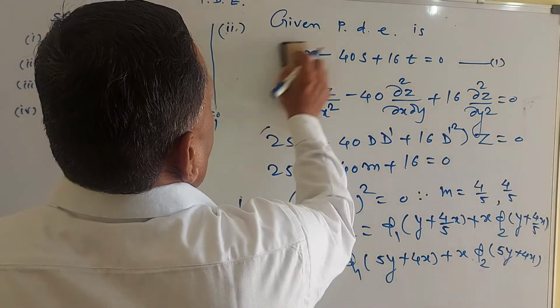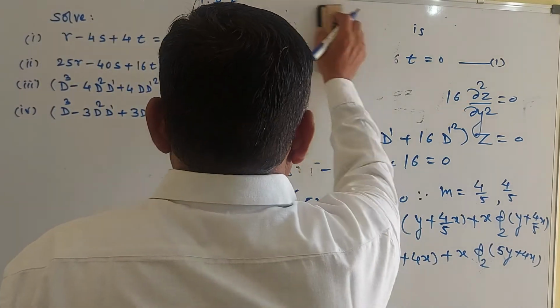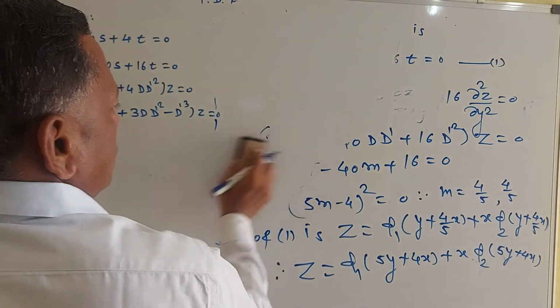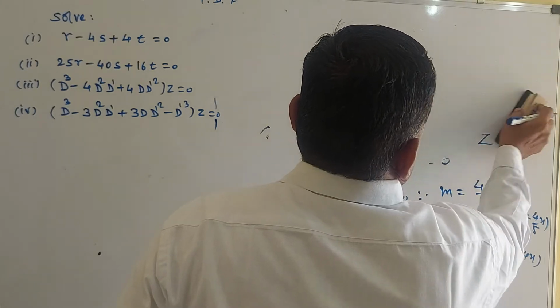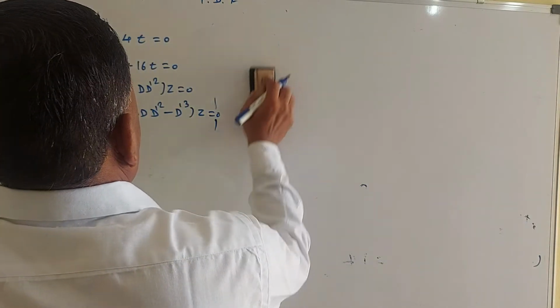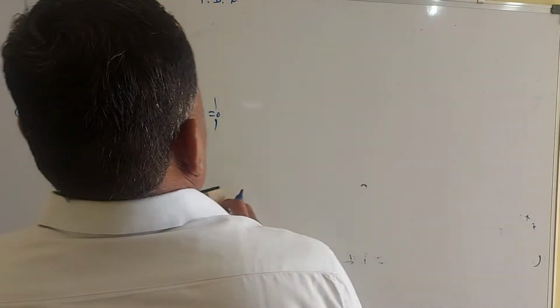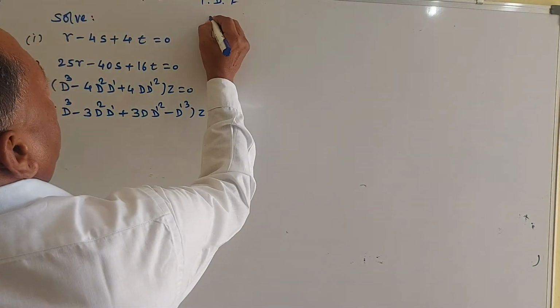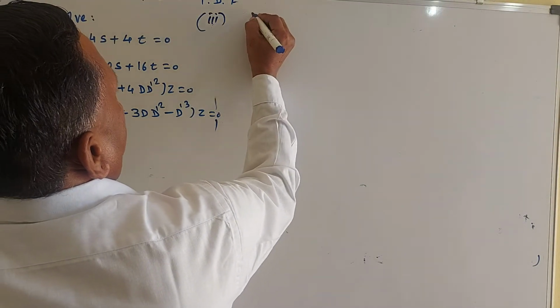So we have seen second order, now we see third order. So the third equation. What is given?